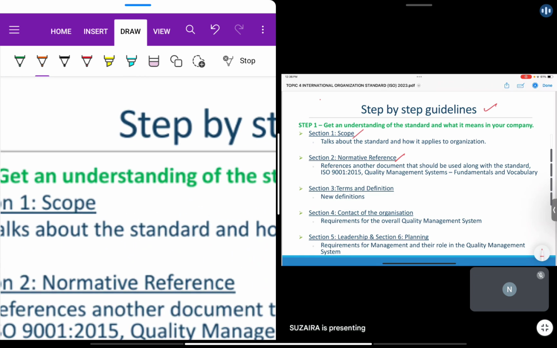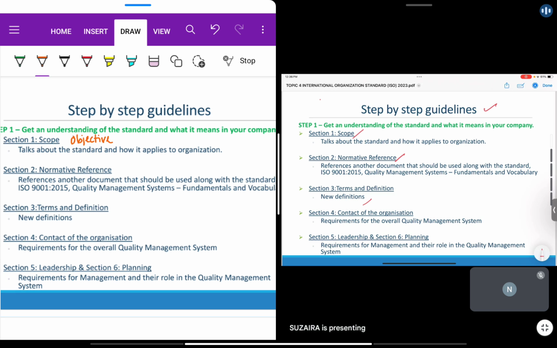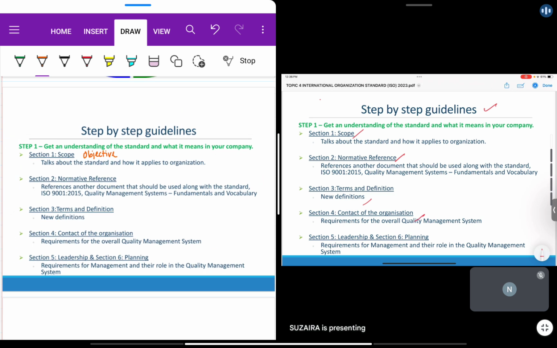Then any terms or definitions, any jargon, any words that are considered jargon. Context of organization, and then section 5 is more towards leadership, and section 6 is more towards planning.